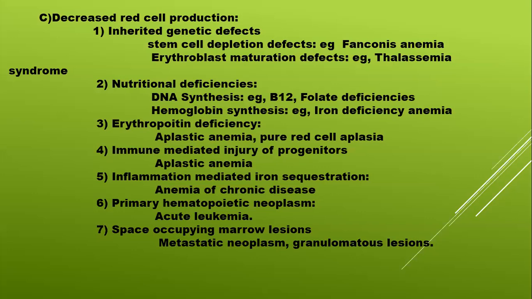Examples are DNA synthesis defects in vitamin B12 and folate deficiencies, hemoglobin synthesis defects in iron deficiency anemia, erythropoietin deficiency in aplastic anemia and pure red cell aplasia, immune-mediated injury of red cell progenitors in aplastic anemia, inflammation-mediated iron sequestration, anemia of chronic disease, primary hematopoietic neoplasm, acute leukemias, space-occupying marrow lesions, metastatic or granulomatous lesions.